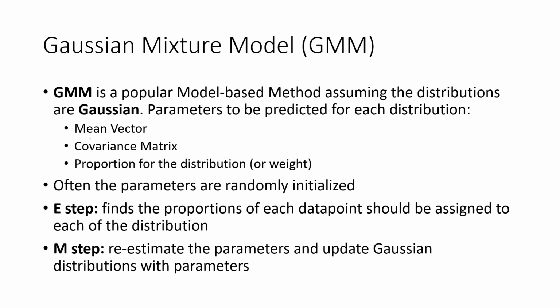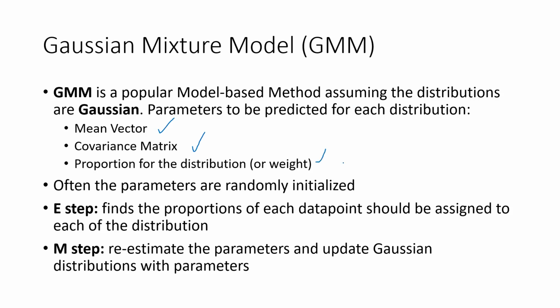This Gaussian mixture model is an example of the expectation maximization algorithm. The parameters for this Gaussian mixture model are a mean vector, a covariance matrix, and the proportions of the distributions.